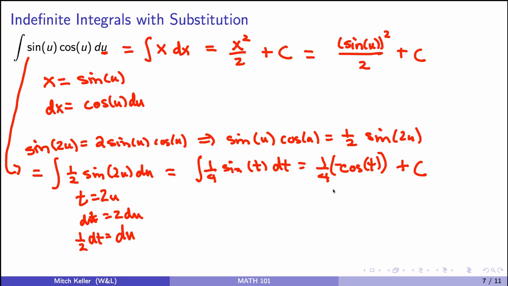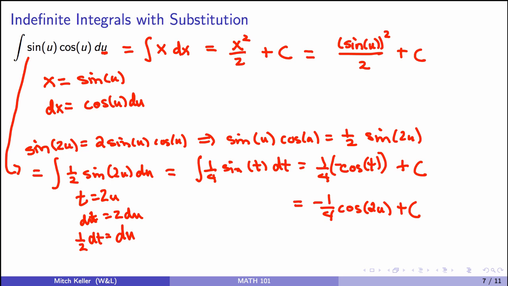And then we started with a function of u, we've got a function of t, but we know that t is 2u. Huh. Okay, well now we look like we've got two different functions here.